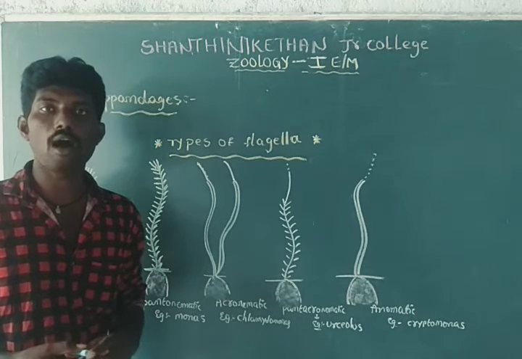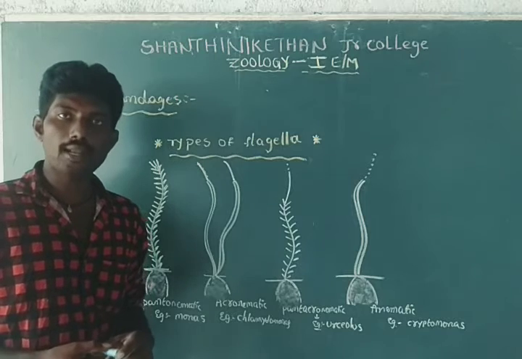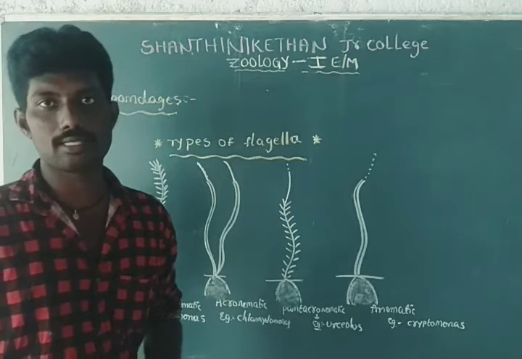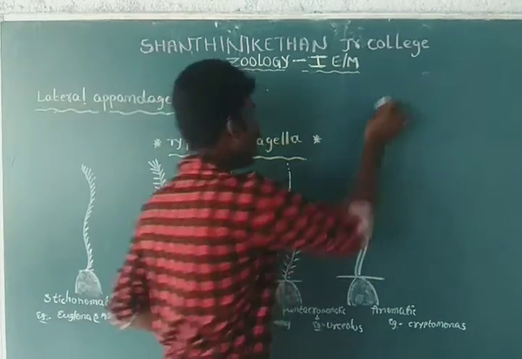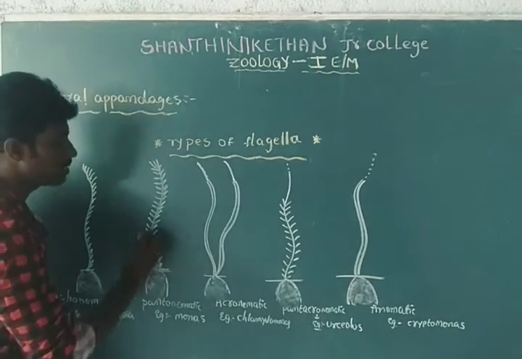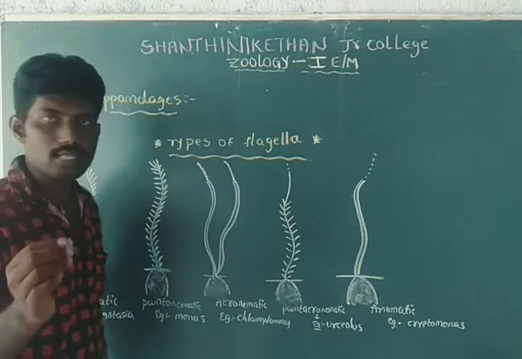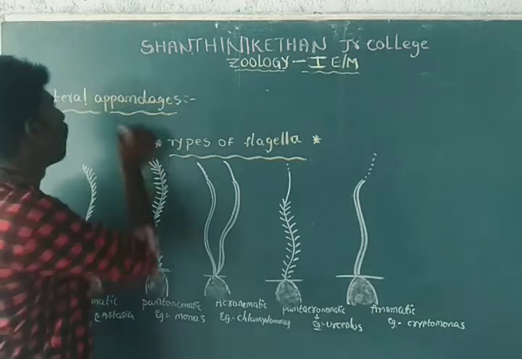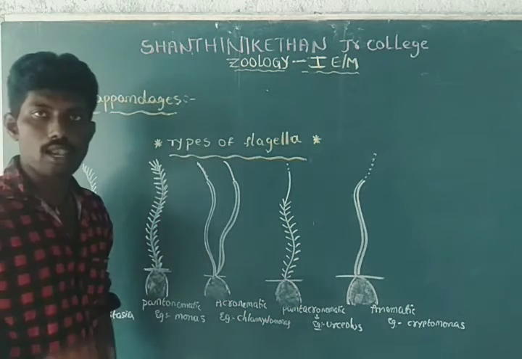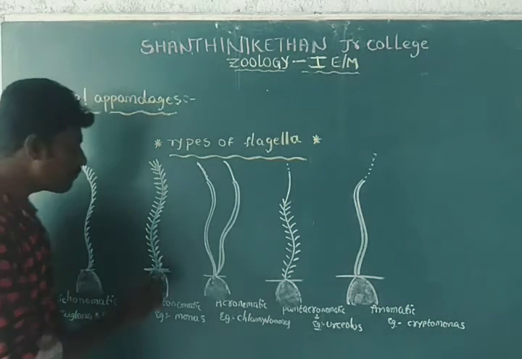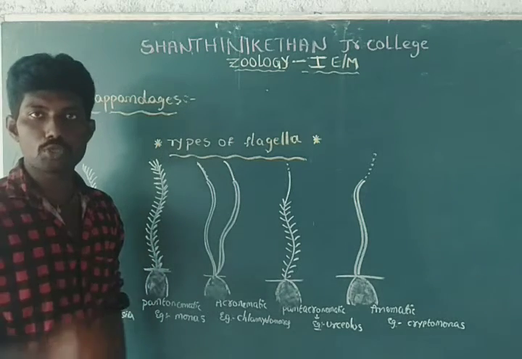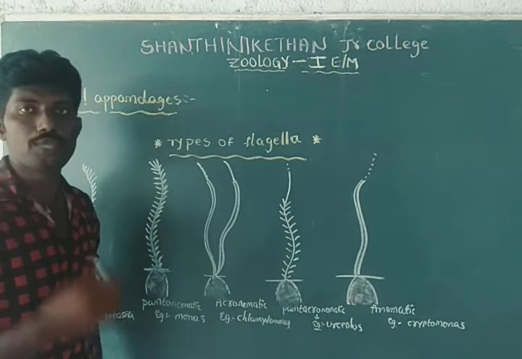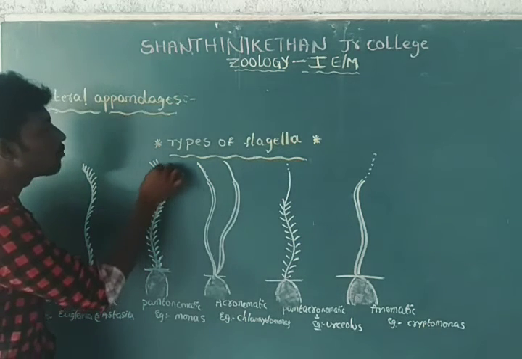So what are lateral appendages? Some flagella or cilia, whose structure is whip-like, bear one or two or more rows of small hair-like fibrils.